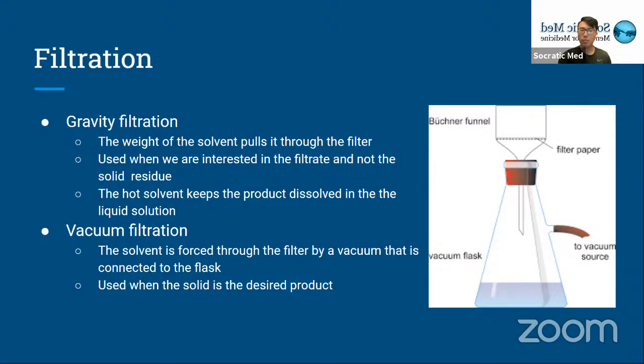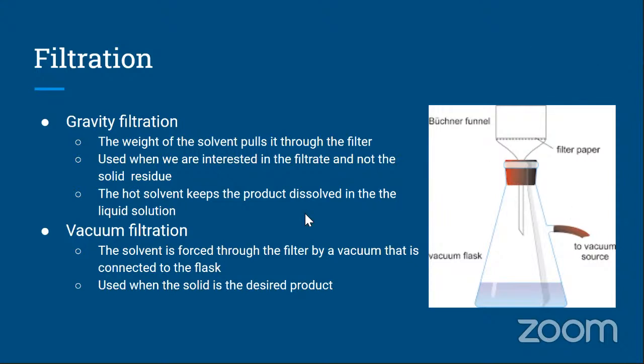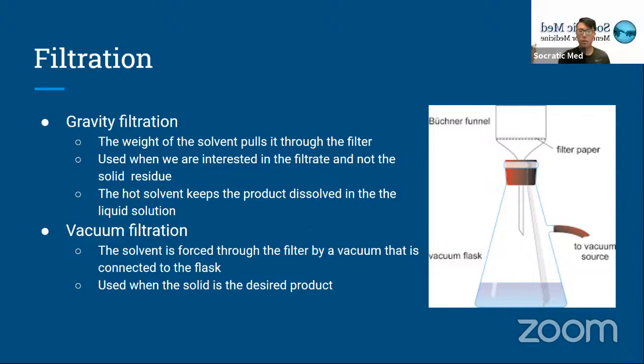If you take the liquid from the vacuum flask, it might have some of the solid mixed in with it because the vacuum might suck in some of the dissolved solid. So vacuum filtration is better for solid because of the vacuum sucking out as much of the liquid as possible.